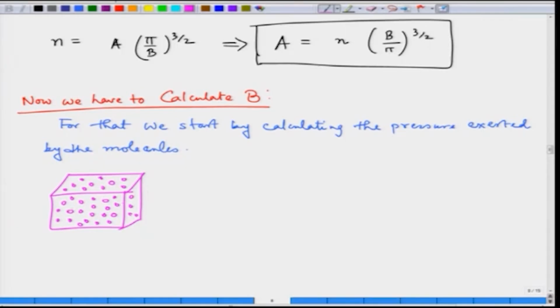For example, one particle starts from here and goes towards this direction. If it does not suffer any collision in this direction, then it will collide with this wall. The same thing can happen for the other directions. Now, let us assume one cylinder of molecules; this is the typical technique. One cylinder of molecules having x component of velocity ux, and the cylinder is moving towards the positive x direction.